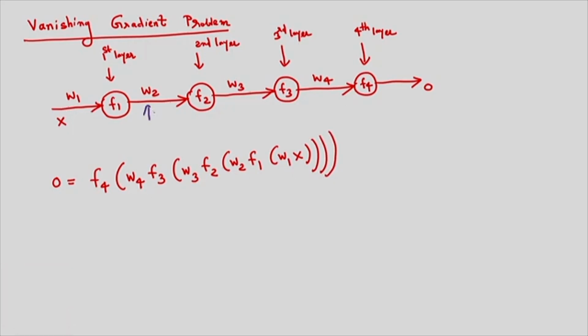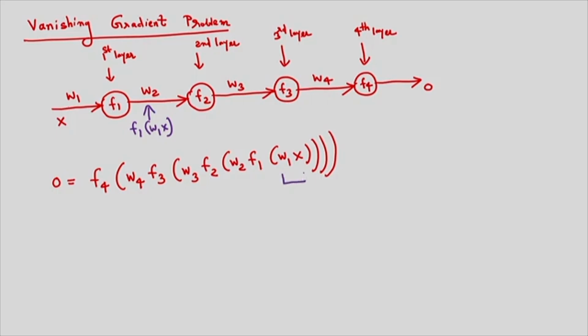What will be the output of this node, or the output of this network corresponding to this point? So the output of the network, the activation, is F1 and it is W1 X. So like this I can compute the outputs of the nodes. So outputs of different layers I can compute like this, and O is the final output. So for mathematical convenience, I will be representing like this.